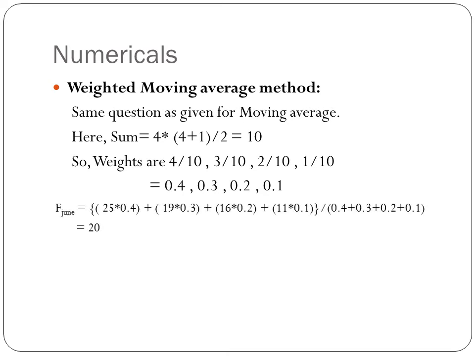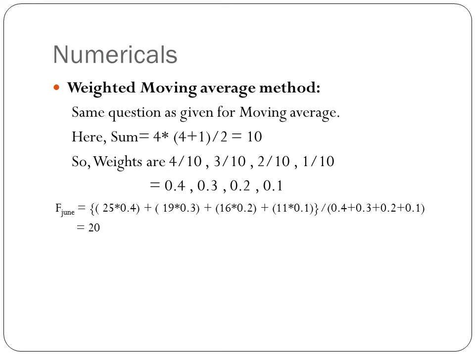So the forecasted value of June would be 25 into 0.4, because in the table 25 was the actual demand for May and it is given more weightage, and 19 was the actual demand for April and it is given the second highest weightage. 16 was the actual demand for March and it is given the third highest weightage, and the least weightage is given to the oldest month in the forecasting.